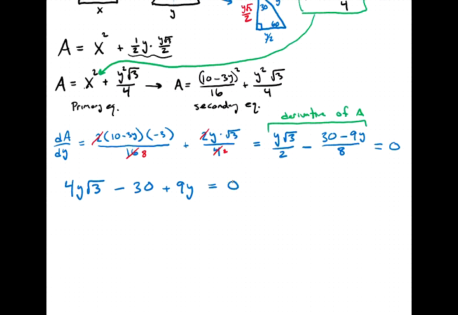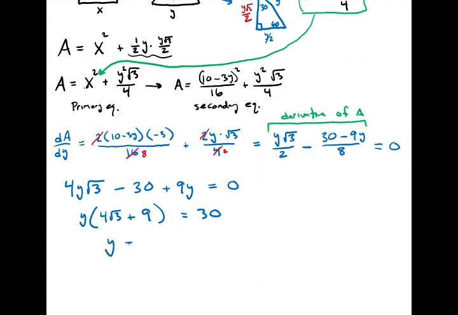And so let's move the 30 to the other side, add 30 to both sides, and we could factor out that y. So on the left, we'll have y times 4√3 plus 9, and that's equal to 30. And to solve for y, we could divide both sides by this 4√3 plus 9.